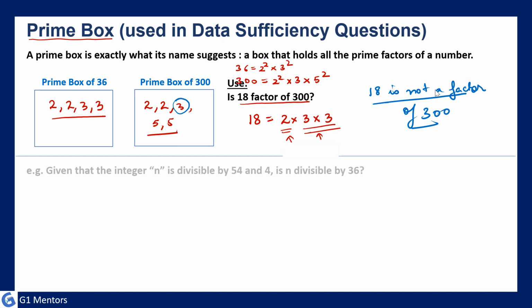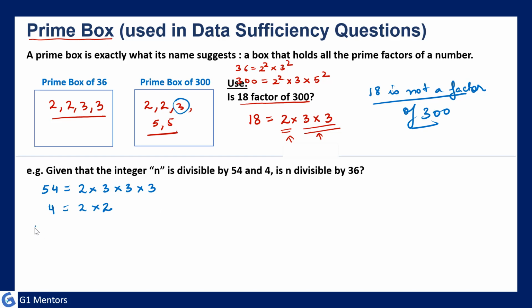Now let's see another example. Given that integer n is divisible by 54 and 4, is n divisible by 36? So let's find out what 54 is first. 54 is nothing but 2 into 3 into 3 into 3. 4 is nothing but 2 into 2.